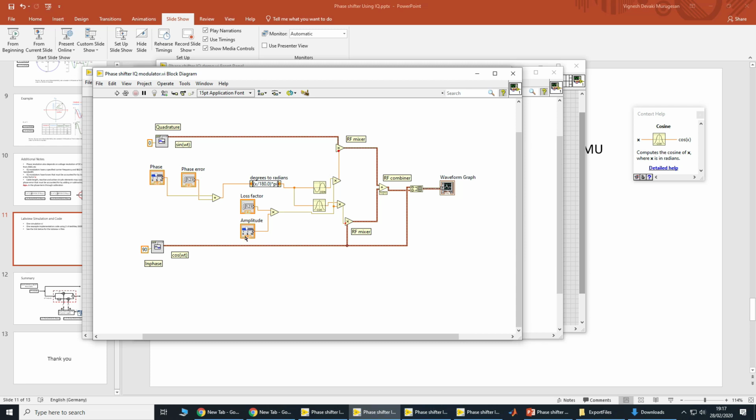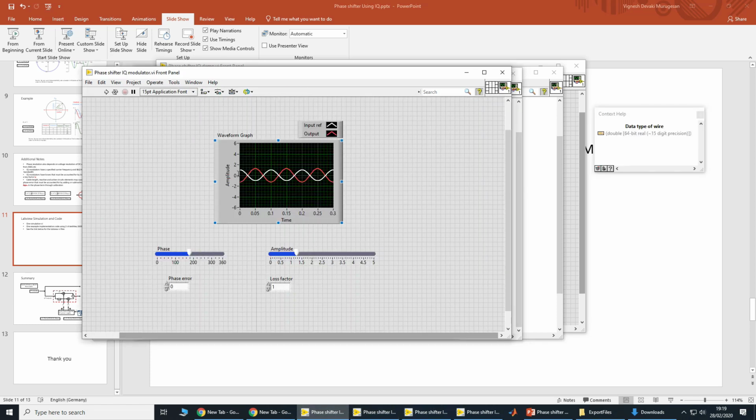Here we also have the amplitude term and the loss factor. Both are multiplied, and the result goes here and gets multiplied by the respective sine or cosine term. This results in the quadrature DC voltage and the in-phase DC voltage, multiplied by their respective components in their RF mixers, and finally combined using an RF combiner and given to the waveform graph, which we see in our front panel.